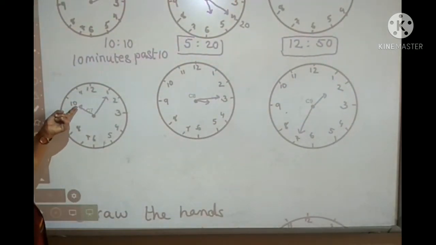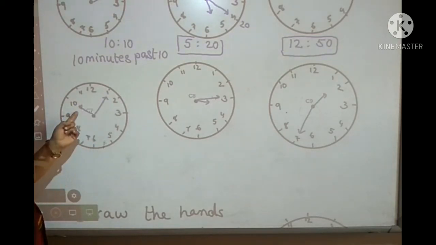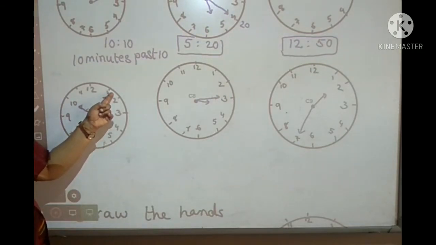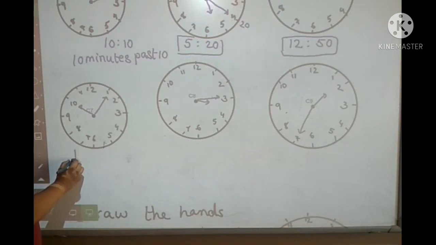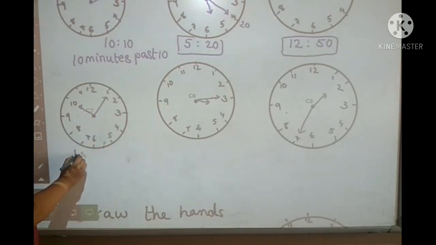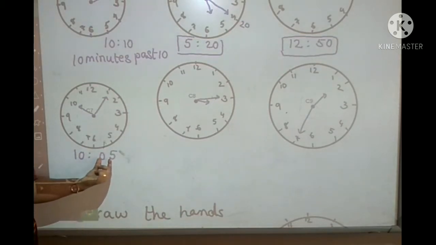Now this one, the hour hand is on 10 and the minute hand is on 1. 1 means what? 5. 10:05. For writing 10:05, you have to write 10:05.